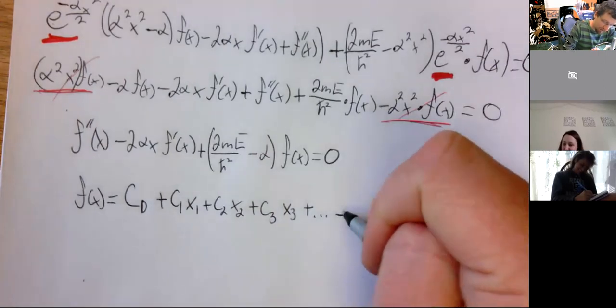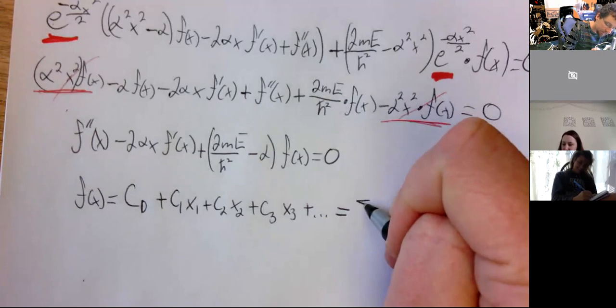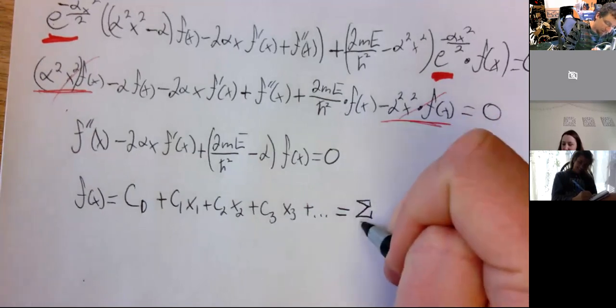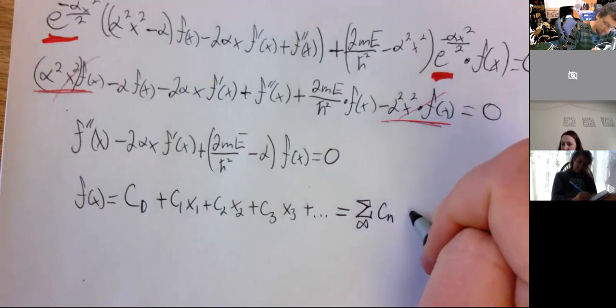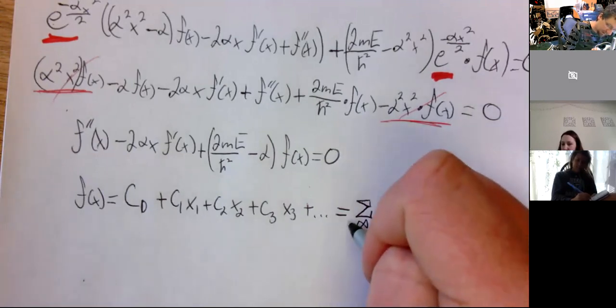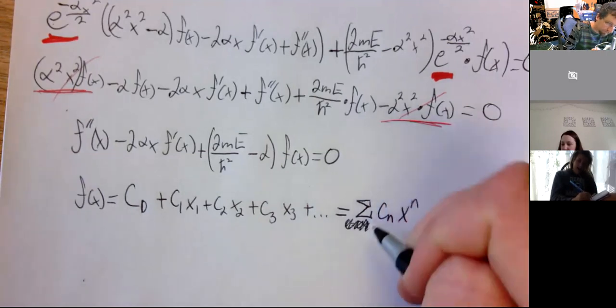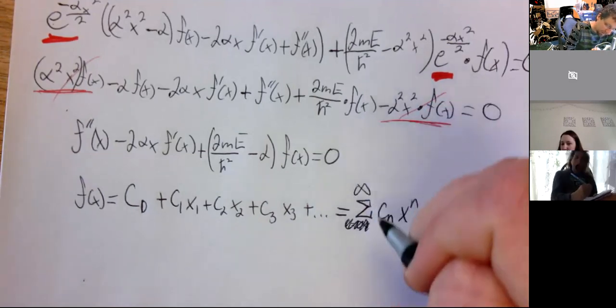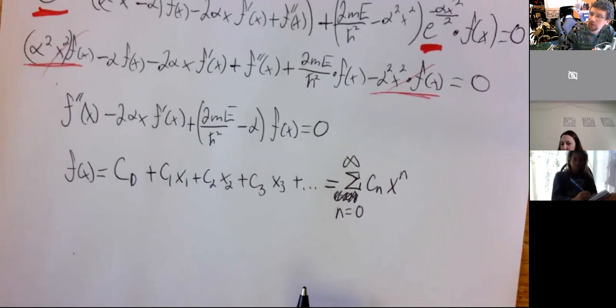So if we look at this function, we can describe this as a summation to infinity of C sub n, x to the n. Do the x's have subscripts or superscripts?